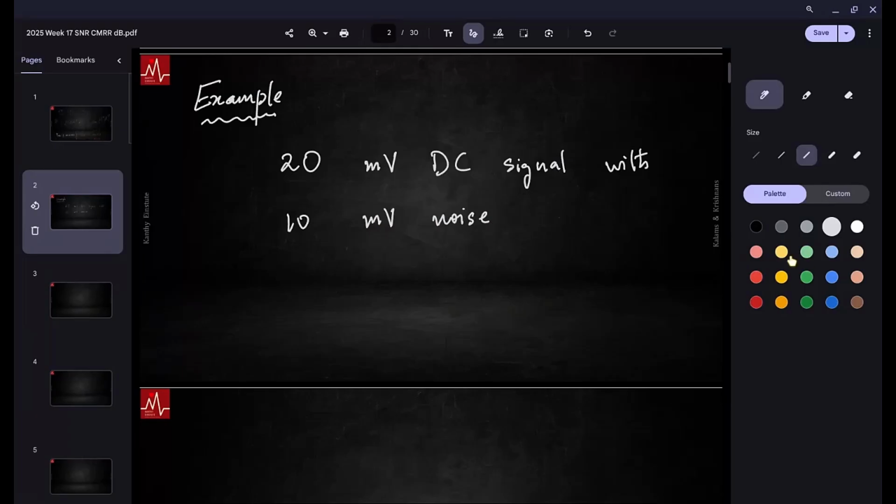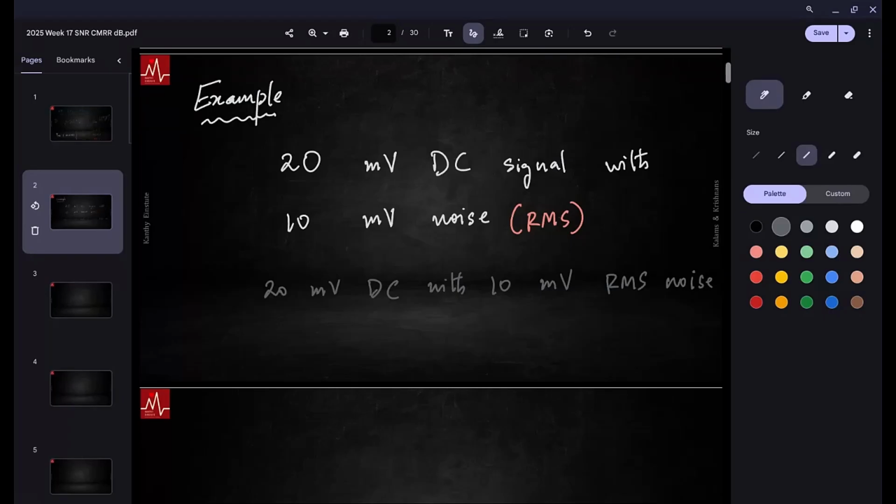This noise is given in RMS values, root mean square value. Noise kind of keeps oscillating and all that. So if I have to repeat this, I will write this as 20 millivolt DC with 10 millivolt RMS noise. I'll be writing it like this.